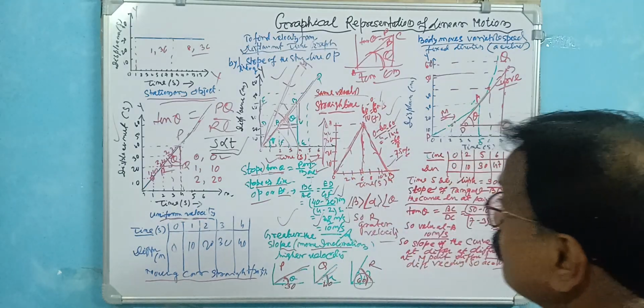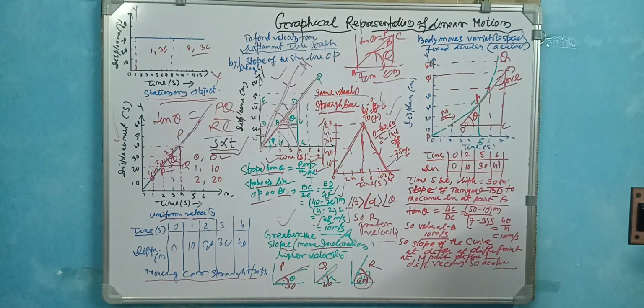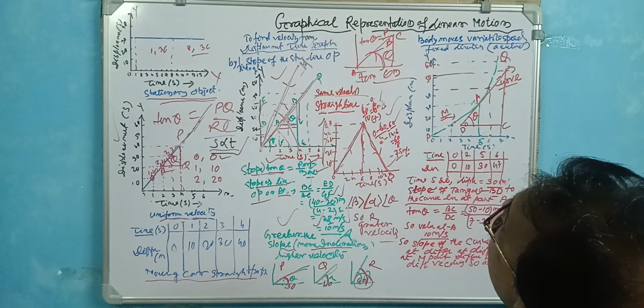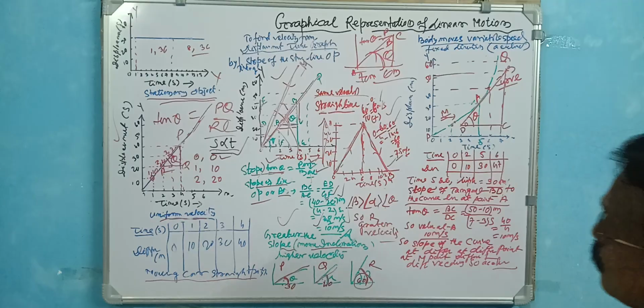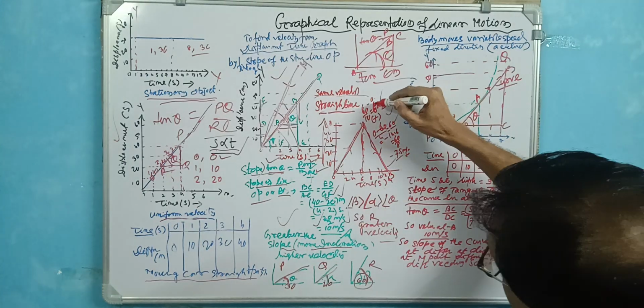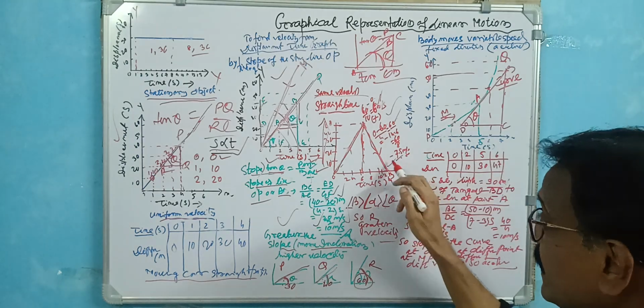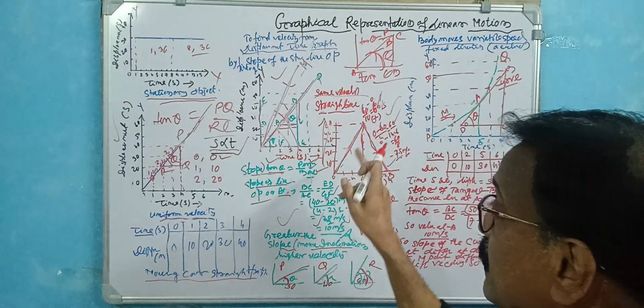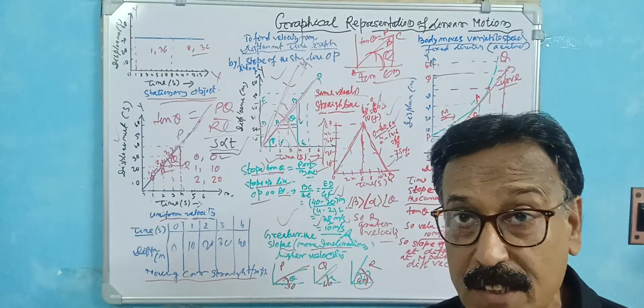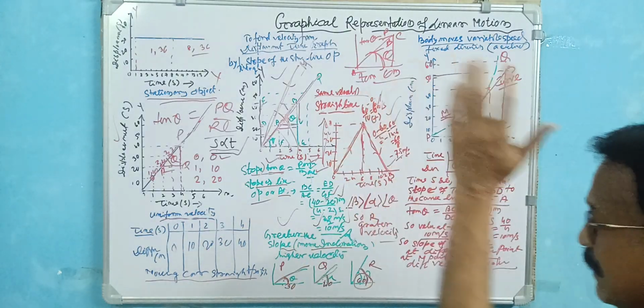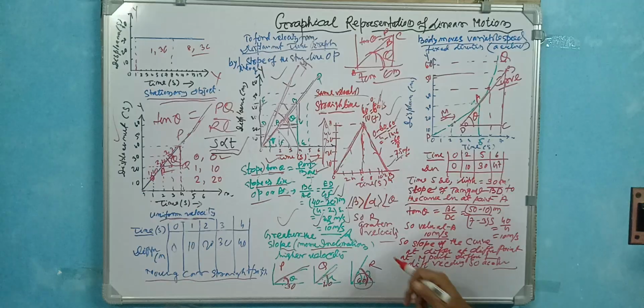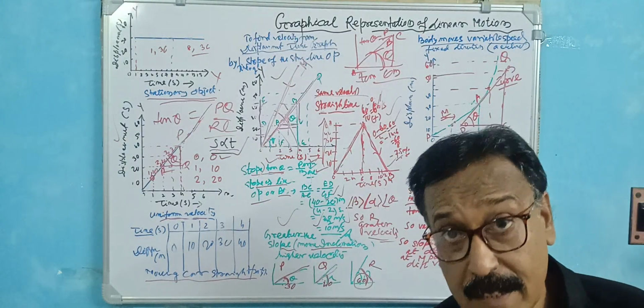Clear? Here the velocity is 6 meter per second, here it is 7.5. What is the negative sign? That is the decreasing. That means in the case of decreasing, the velocity is greater than this. So this graph indicates this: the greater the slope, the greater the velocity.